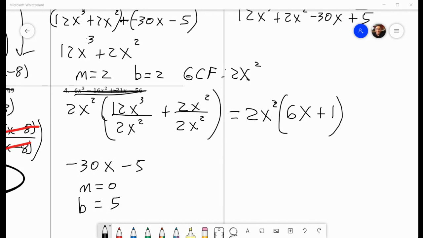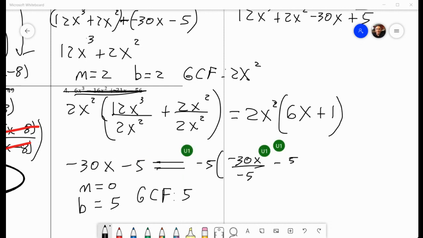So from here, our GCF is just 5. But again, you have to factor out a negative, so we're going to factor out negative 5. So we have negative 30x over negative 5, and negative 5 over negative 5.